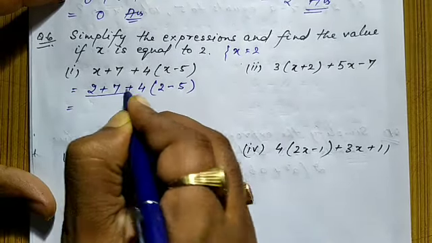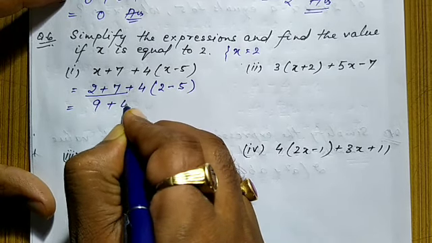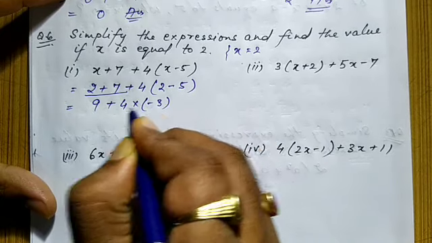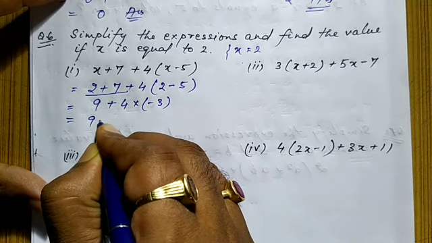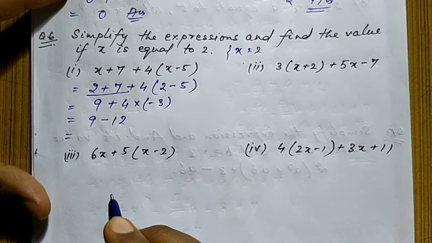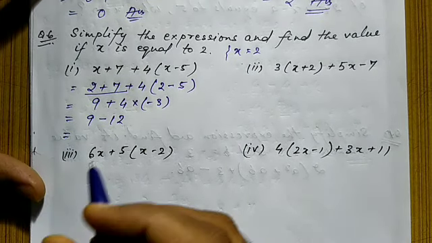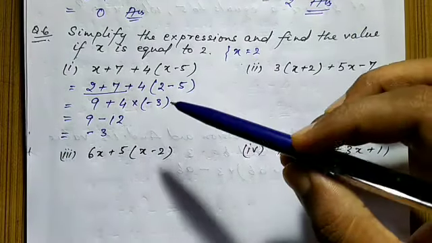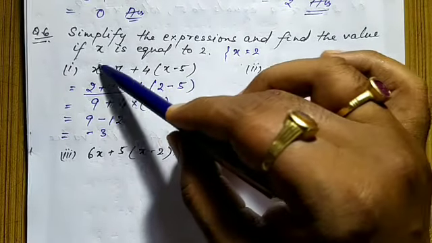Okay, 7 plus 2 or 2 plus 7, 9 plus 4 into 2 minus 5 minus 3. Okay, so 9 plus 4 into minus 3, 4 3 are 12, minus 12. Okay, and 9 minus 12, that is minus 3. See, I just put the value of x in this expression only.